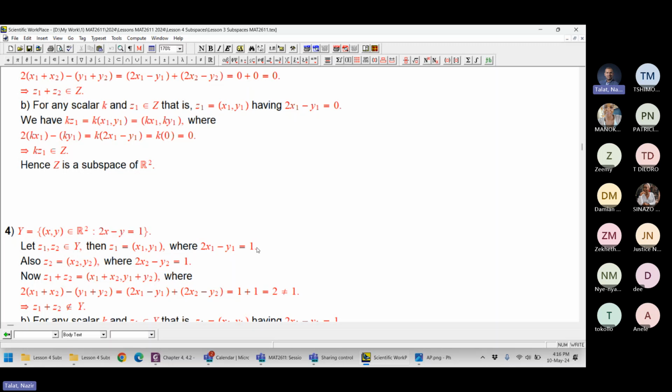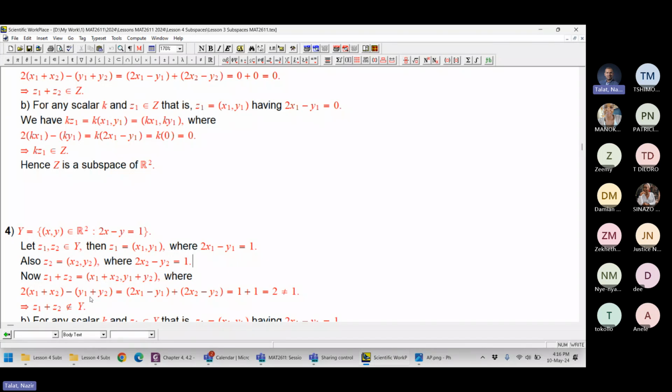And z2 will be of the form where 2x2 minus y2 is equal to 1. Now let's add its components, z1 plus z2. If we add them, then it becomes 2 times the sum of its first entries, minus (y1 plus y2).